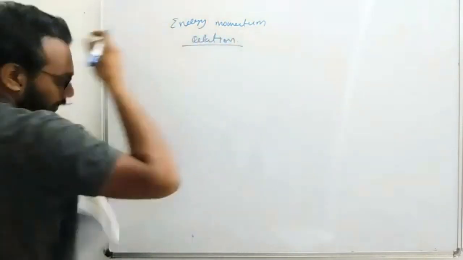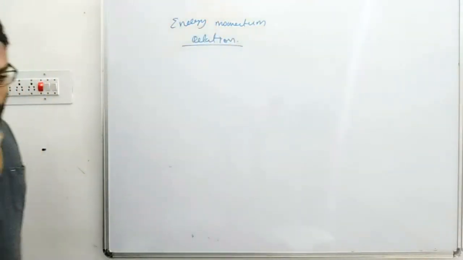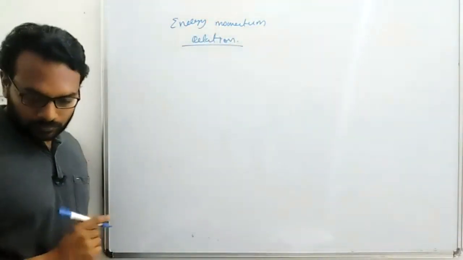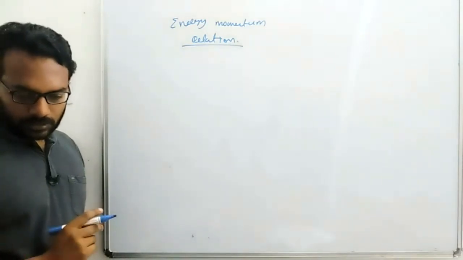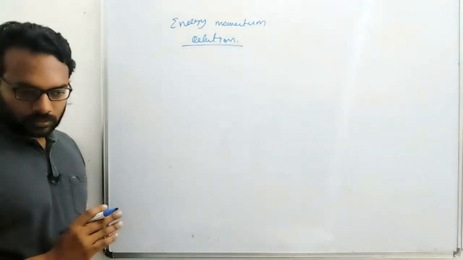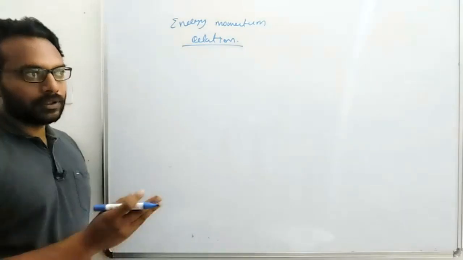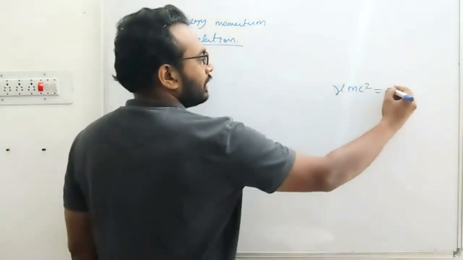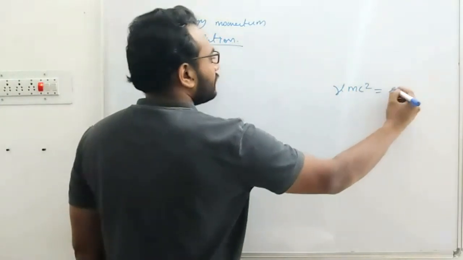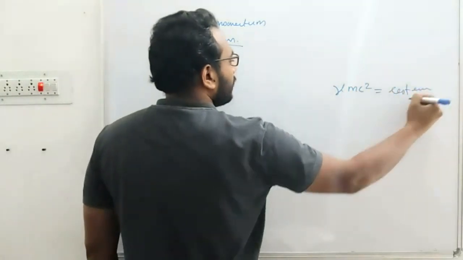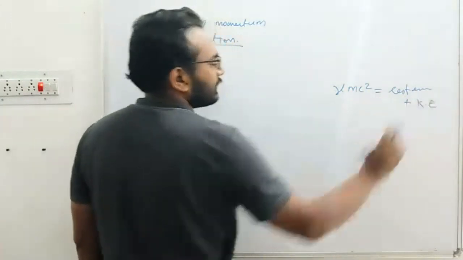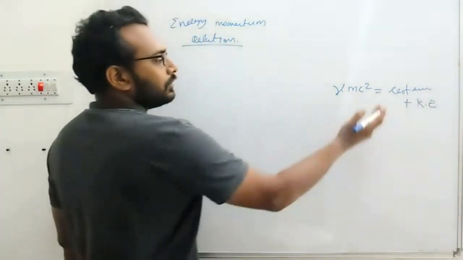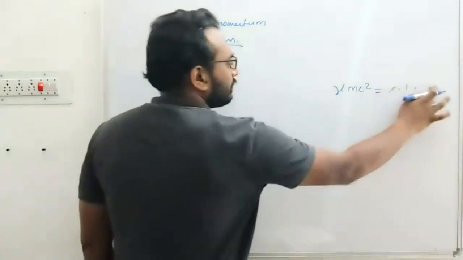Relativistic kinetic energy is gamma mc square minus mc square. We know that gamma mc square is the total energy, which is equal to rest energy plus kinetic energy. The rest energy is mc square.